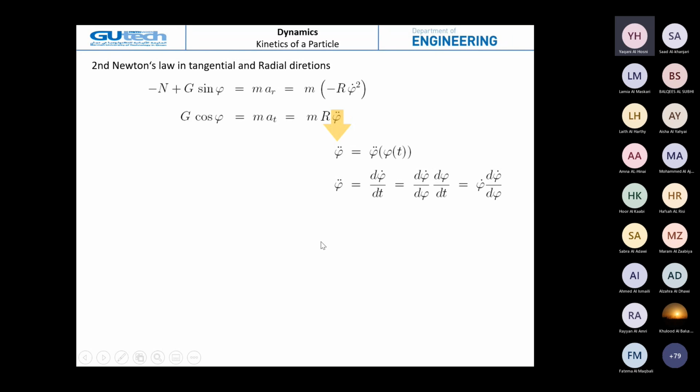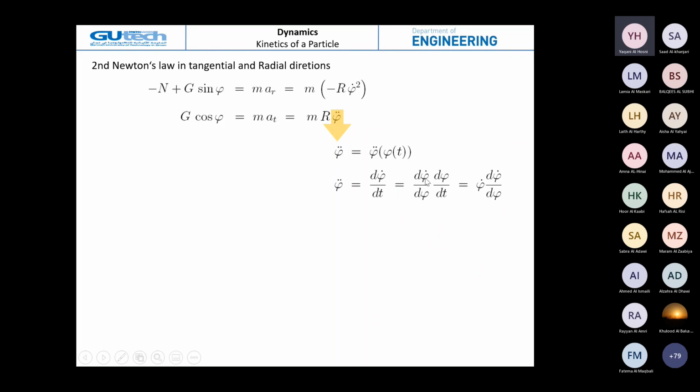There is what we call the chain rule. Phi dot dot depends on phi, and phi itself depends on the time t. By definition, phi dot dot is only d phi dot divided by dt. But phi dot depends on the angle phi.